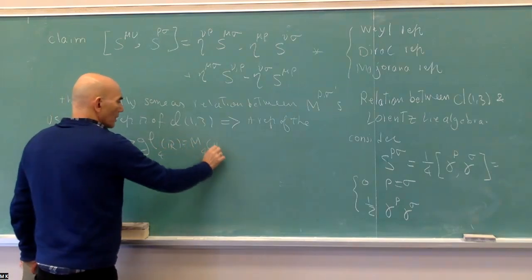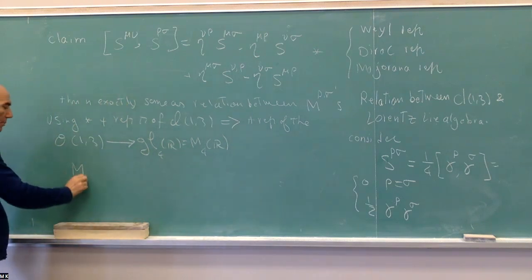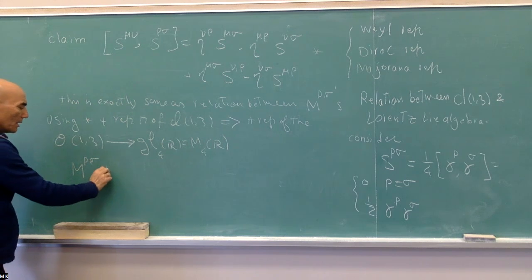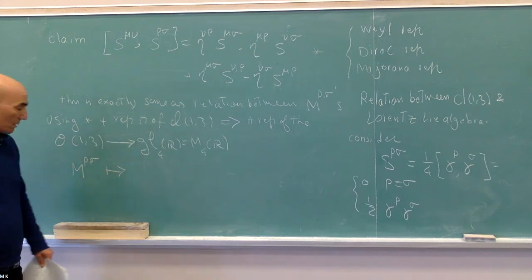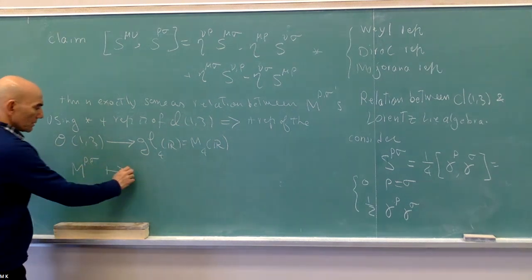Basically, the basis that we have here, M rho sigma, gets mapped to S rho sigma. That's it.